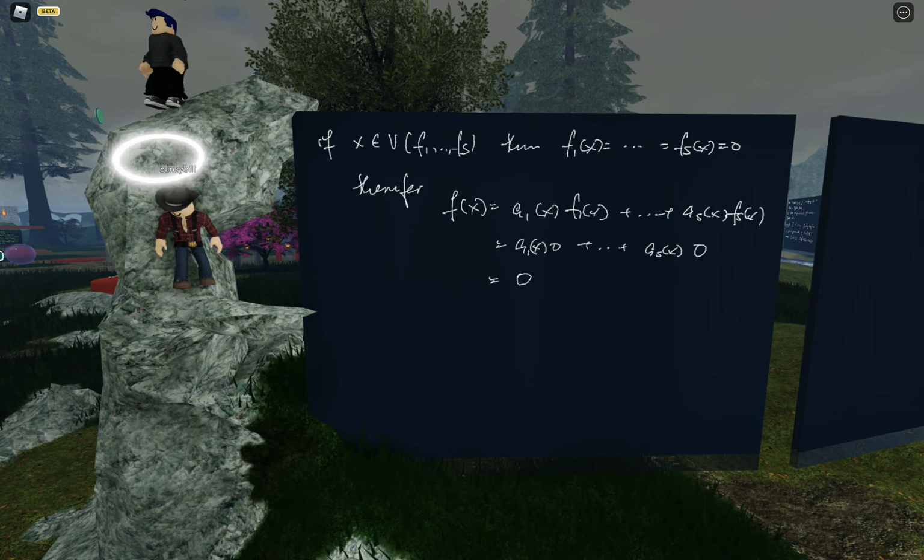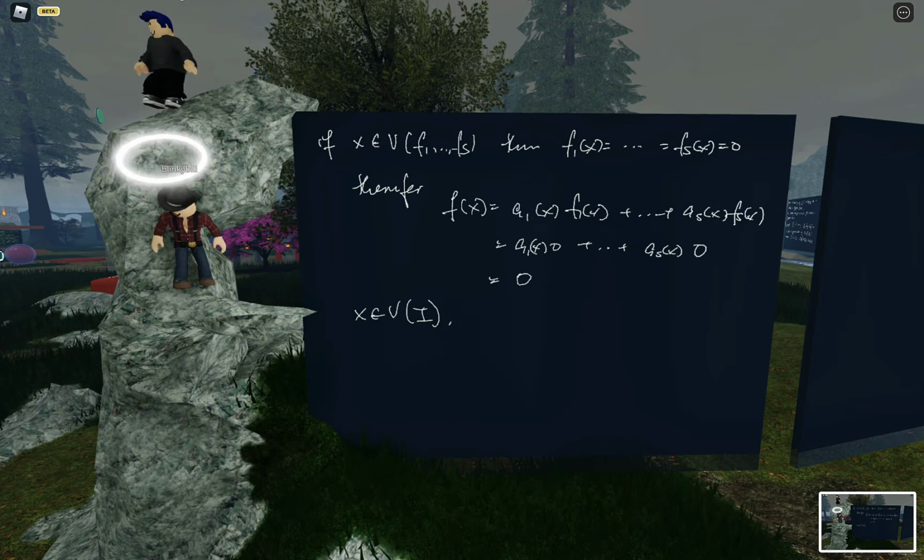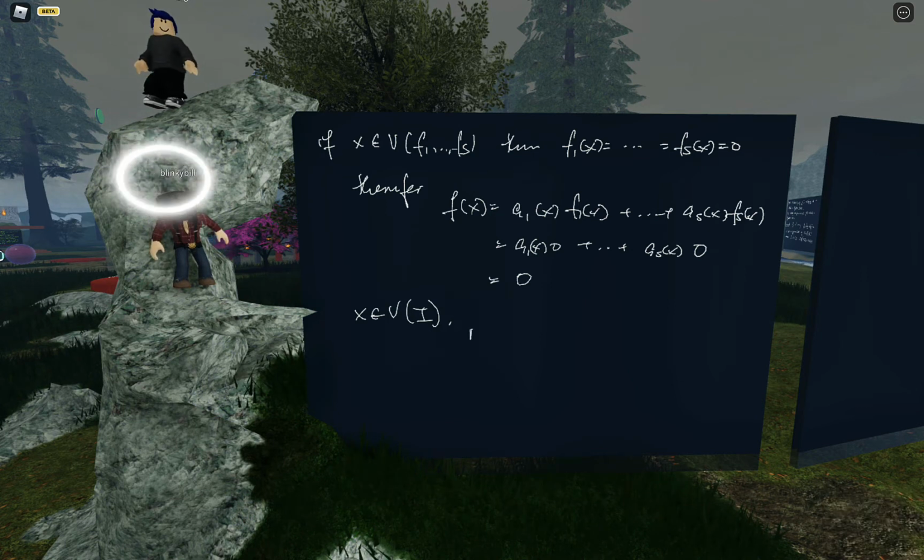So what this means is that x is in V(I). f is some arbitrary element of I, so we're showing that f(x) is 0, and that's it.